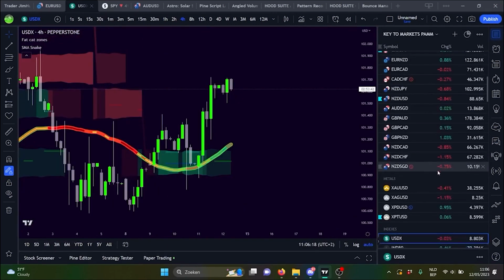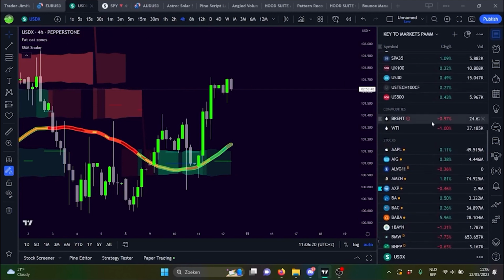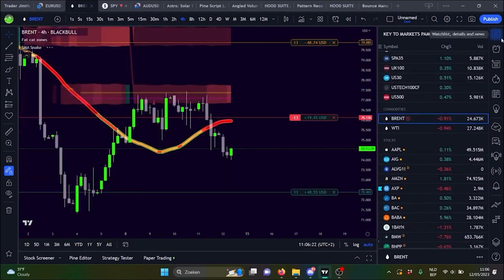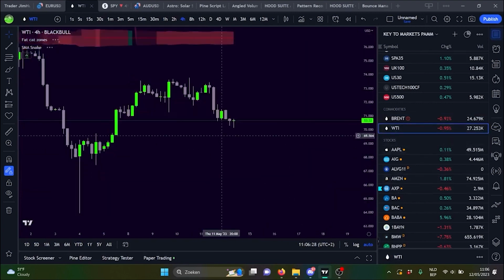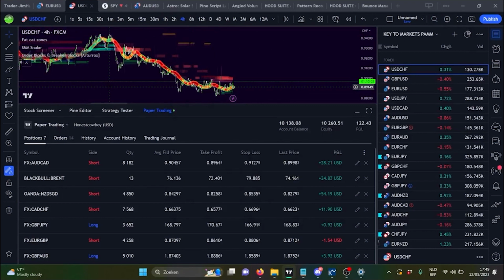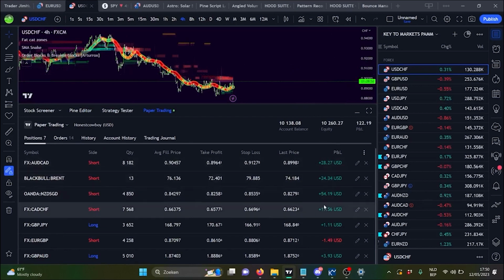Not trading the indices. Brand is looking good. It's 6 o'clock my time in Belgium, and we have some profits on the accounts.